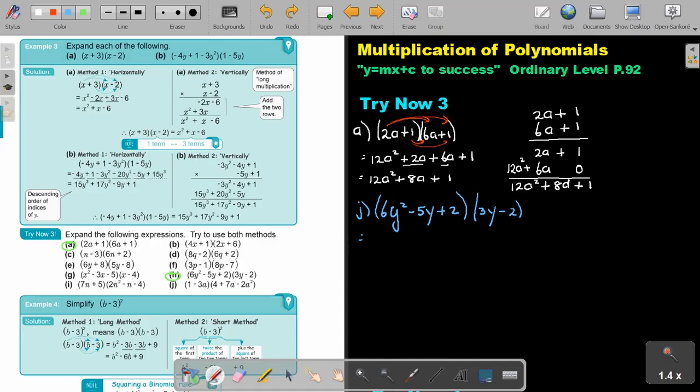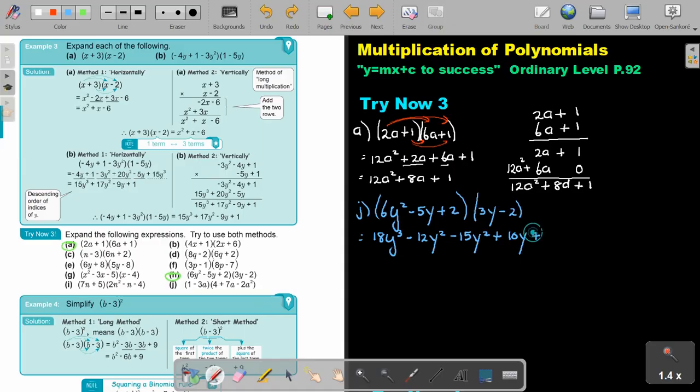So 6 times 3, that's going to be 18, and it's y to the power of 3. Then 6 times, so this is going to be negative 12y squared. This is going to be negative 15y squared, and this is going to be plus 10y.